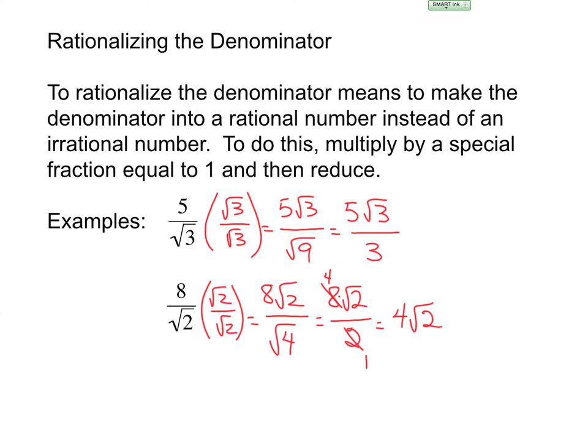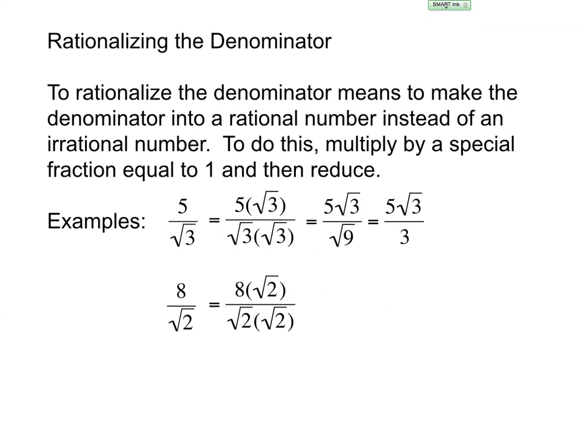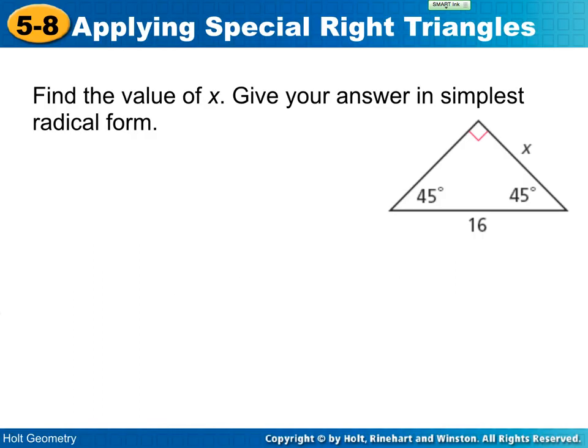Thumbs up or down if those examples seem to make sense. Okay, those that are showing me are saying yes. How do you get which part? Yeah, just simplified the 8 and the 2. All right, so we'll watch for rationalizing the denominator to make sure that we get it simplified correctly. Okay, probably one more that you have to rationalize on, so each of you work this, and let's see where you end up with.